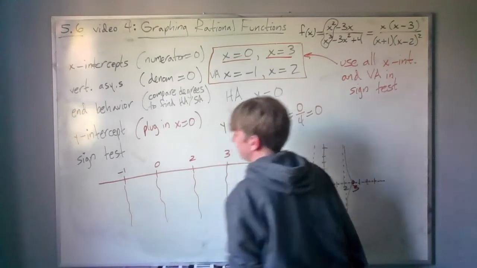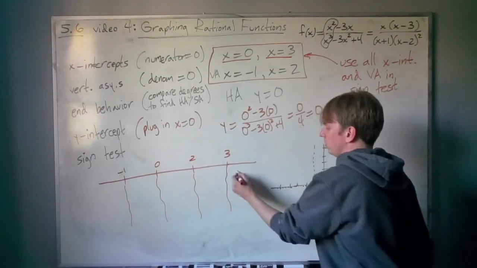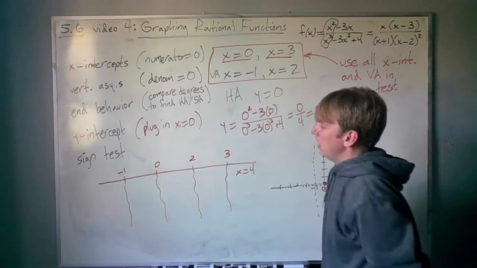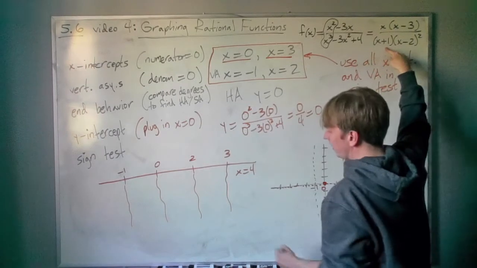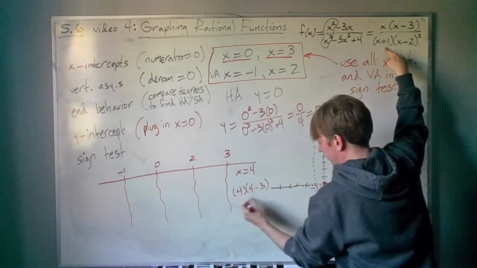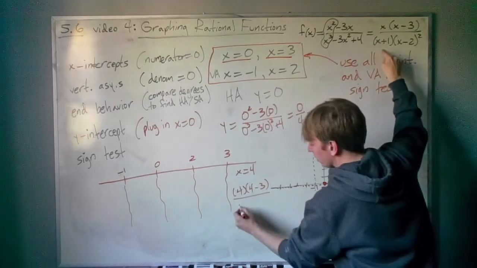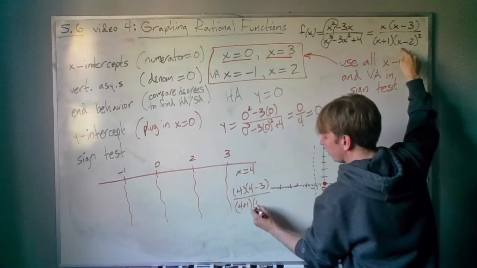I just want to have some room to work. Okay, so I start off by picking a number in each interval. I'll pick x equals 4, plug it into the function and see if it's positive or negative. So I'll plug it into the factored form. We have 4 times 4 minus 3 divided by 4 plus 1 and 4 minus 2 squared.